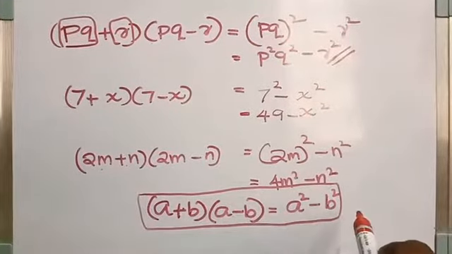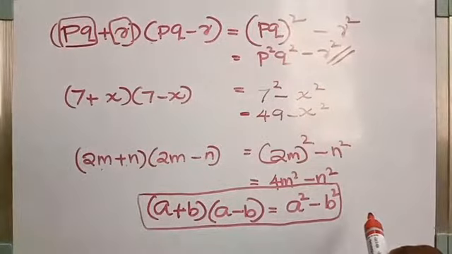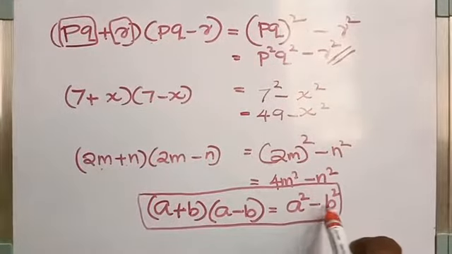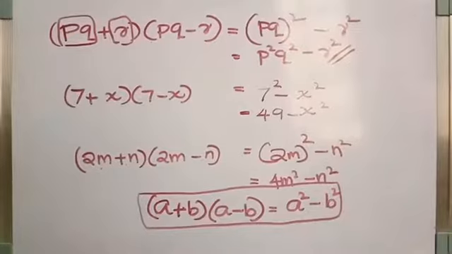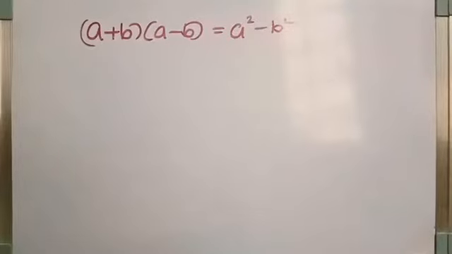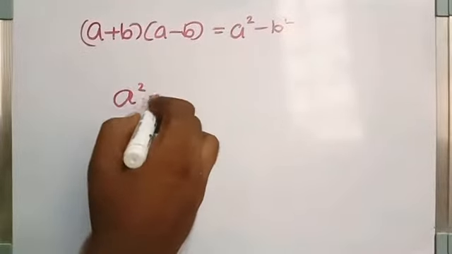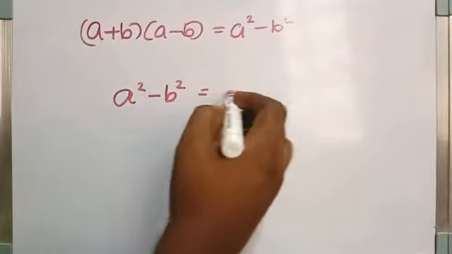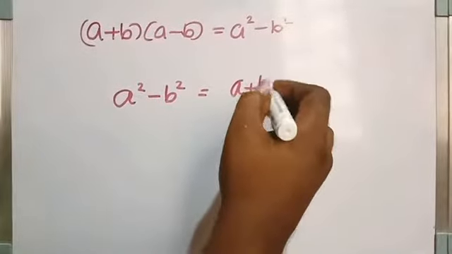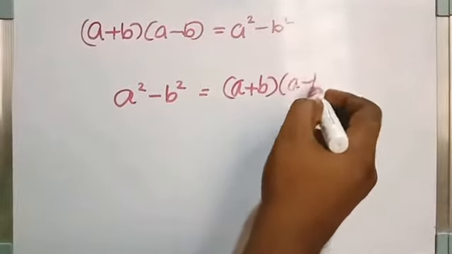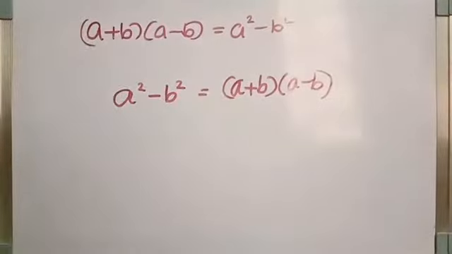This is known as the difference between two squares. It can also be written as a squared minus b squared is equal to (a plus b) into (a minus b). You must be able to use the formula in both ways.